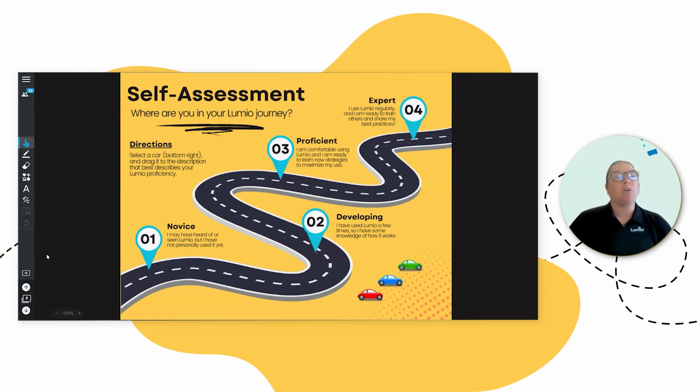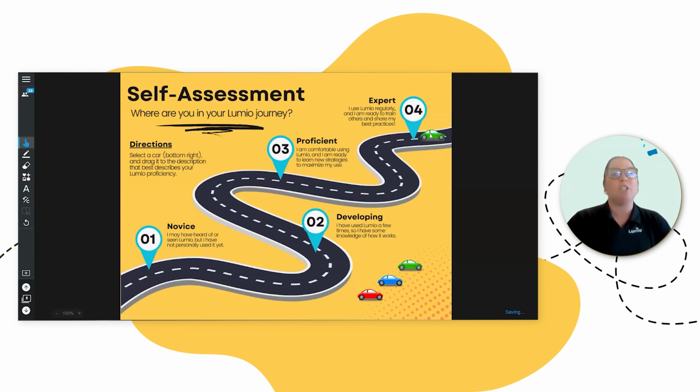This slide itself, I made inside of Canva. I just like their editing tools and how pretty and aesthetic their slides can be, but I did import it into Lumio and I added these infinitely cloned cars. So these cars below, I added in Lumio and used our infinite cloner feature.